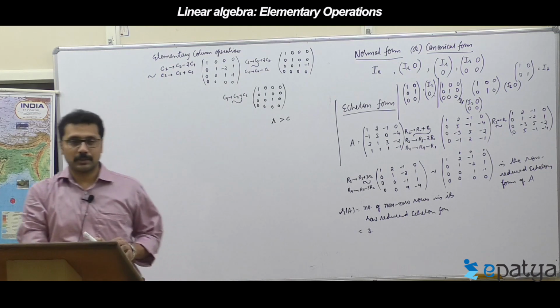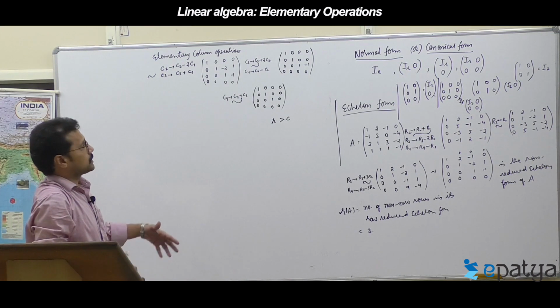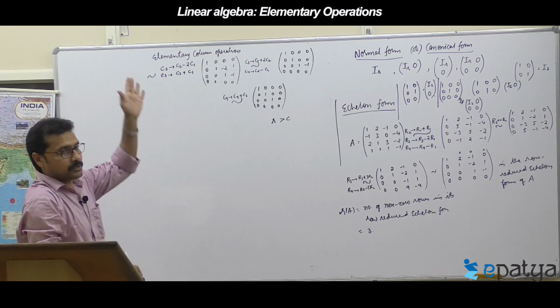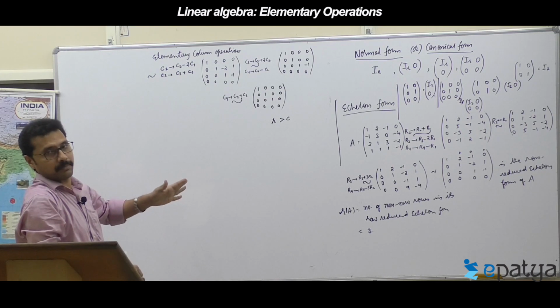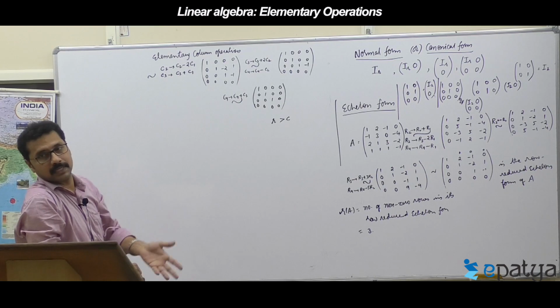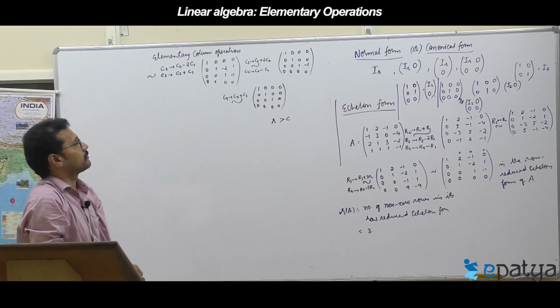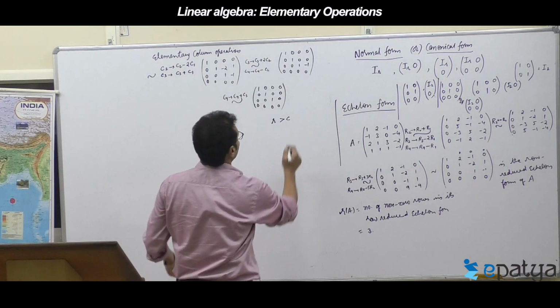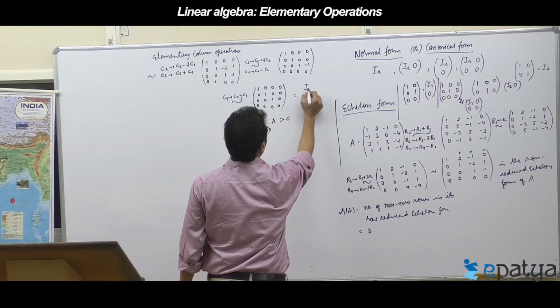So it's as good as row operations only, but instead of the first row, we take the first column as the reference in the first operations. At the second level, the second column becomes the reference column. At the third level, the third column becomes the reference column. This came out to be I3, 0, 0, 0.